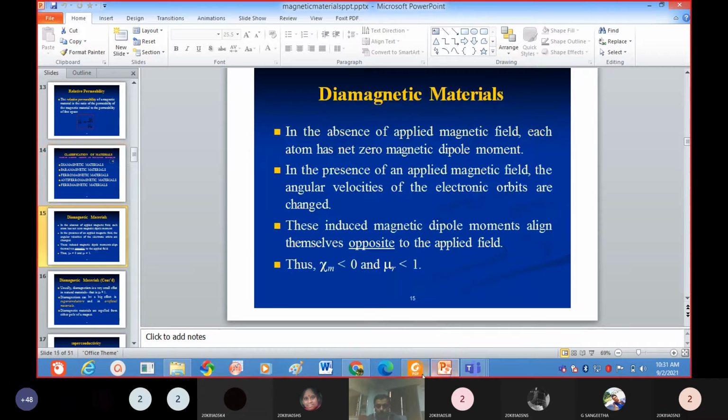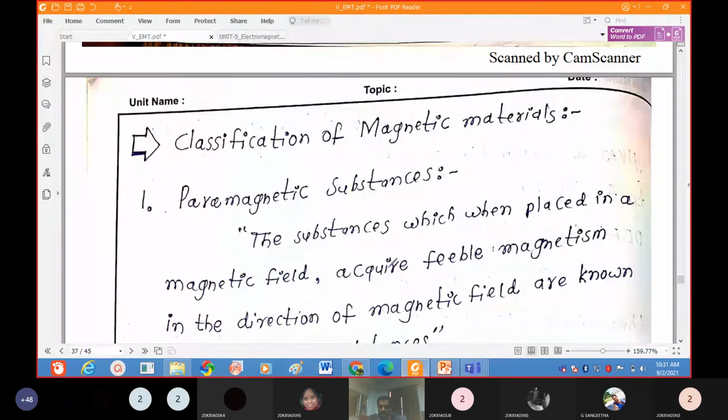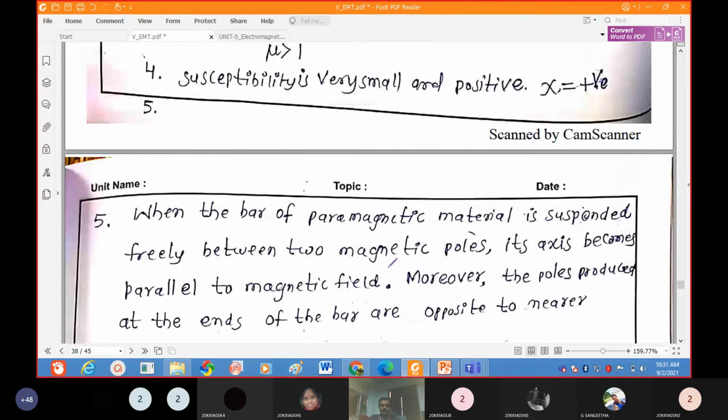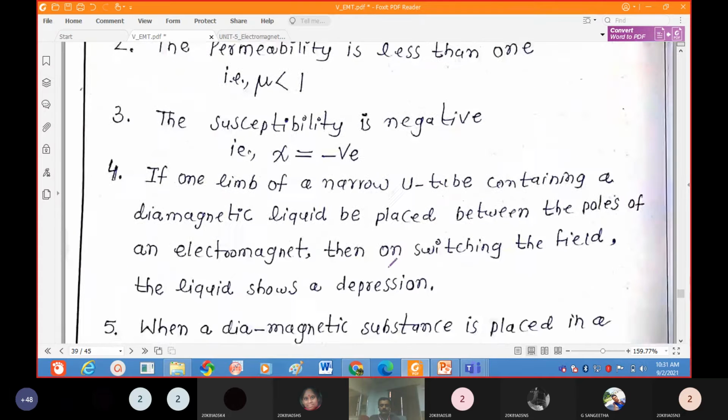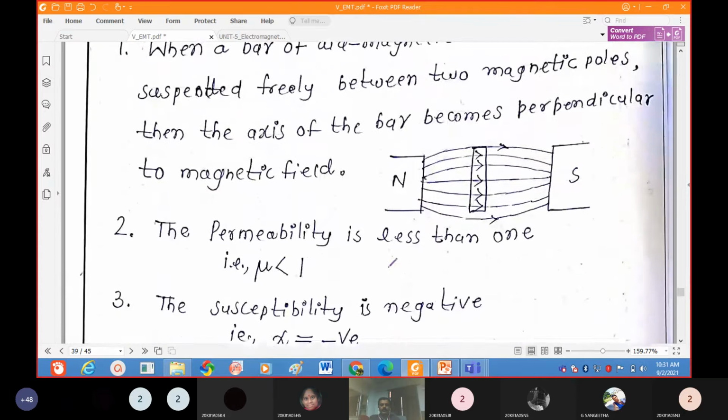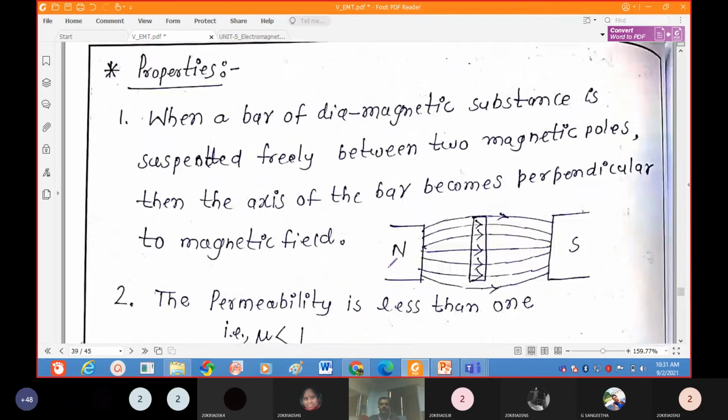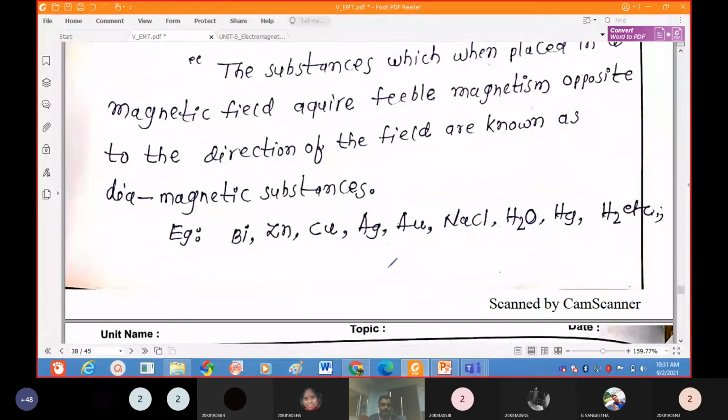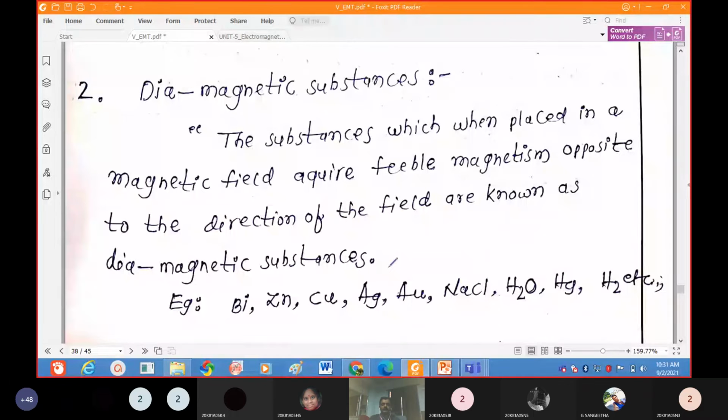I will explain through the PDF. If you consider the atomic state, without applying any external magnetic field, the resultant magnetic dipole moment of the diamagnetic material is zero.